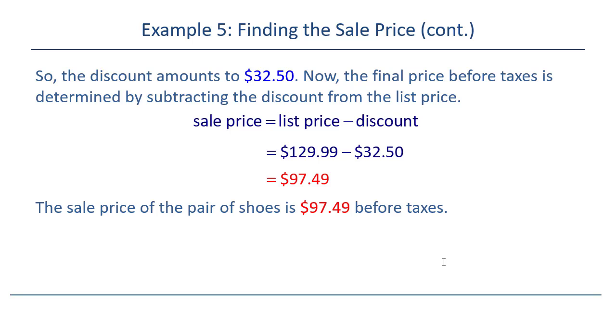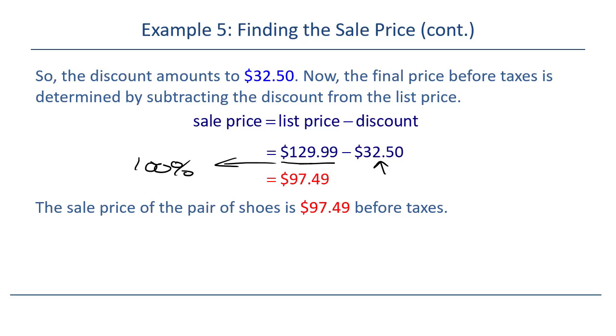Once you start understanding how percentages work, you realize that every item out there starts at 100%. $129.99 was the full price. That's 100% of its price, right?